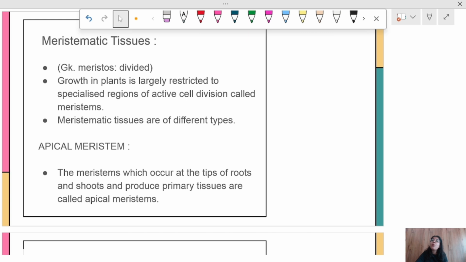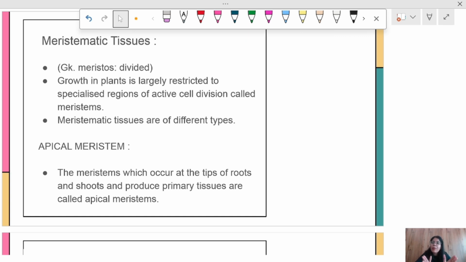So based on the position of the meristematic cells, you can divide the meristematic tissues under different categories: apical meristem, intercalary meristem, and lateral meristem. What I said is that meristematic tissue means the cells of this tissue have division capacity. They are able to divide, right?